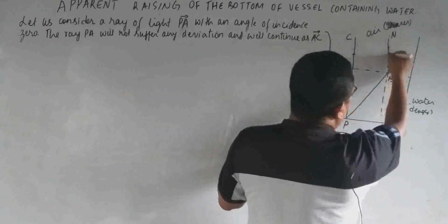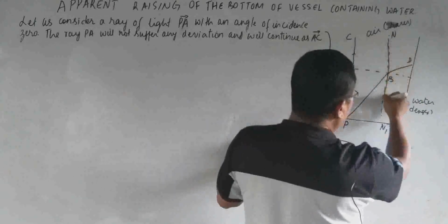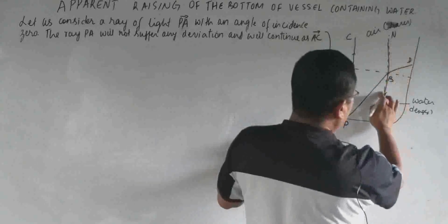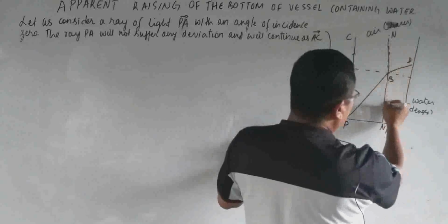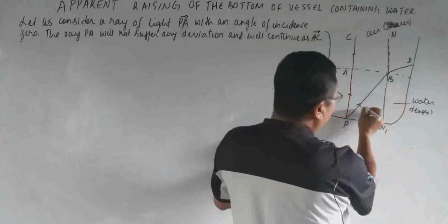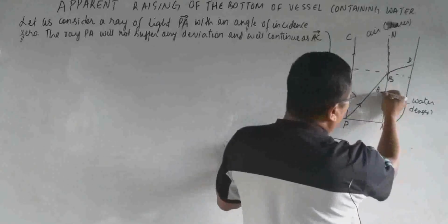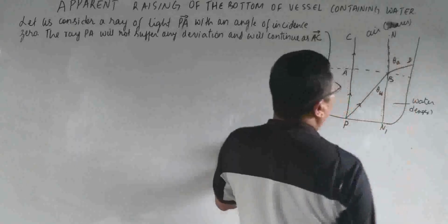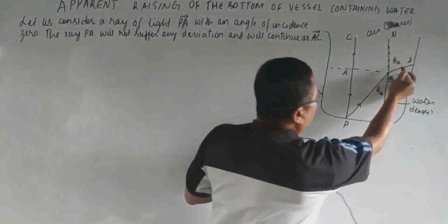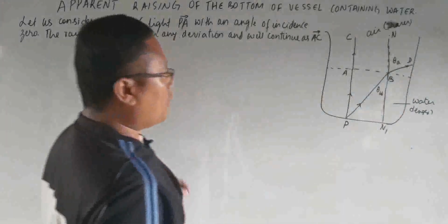So this is the normal. Now the angle of incidence for this ray PB will be theta W, and the angle of refraction will be theta A.